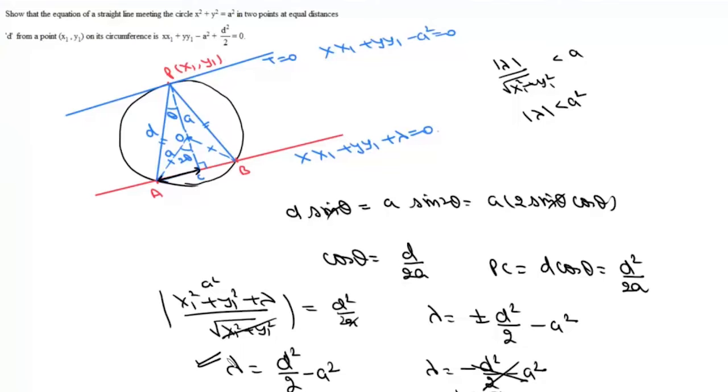So the value of lambda we'll get is λ = d²/2 − a². So the equation of this line will be x1x + y1y + λ, which is d²/2 − a², equals 0, which is what we need to prove in this question.